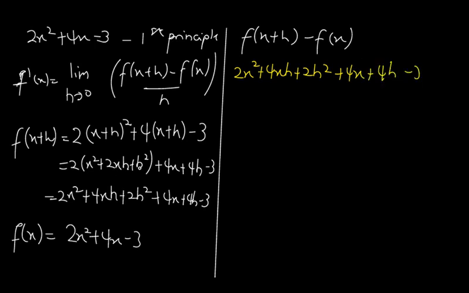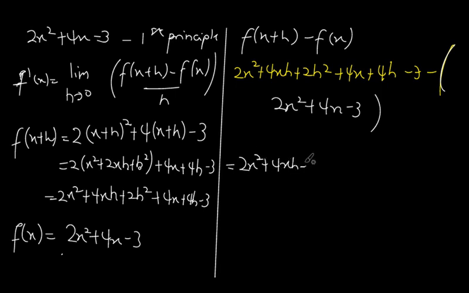Then minus into bracket. Now the f of x over here will be this, so we will have 2x squared plus 4x minus 3, then bracket close. Now this is equal to what? We still have the 2x squared plus 4xh plus 2h squared plus 4x plus 4h minus 3 over here.